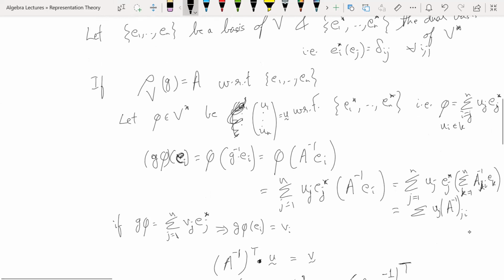So what it means is that the summation over j equals 1 to n of uj times the (j, i) entry of A inverse is the same as Vi. Maybe I should have just left this as homework. This you can check.